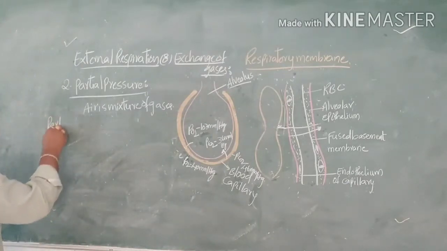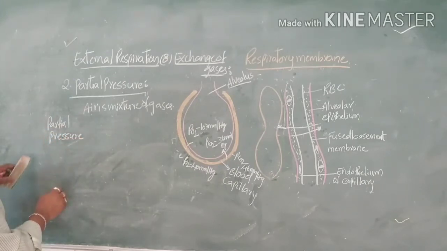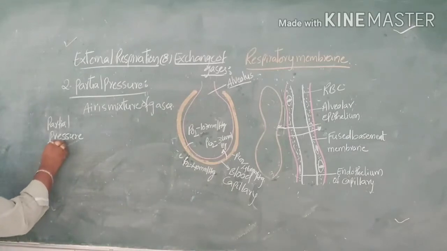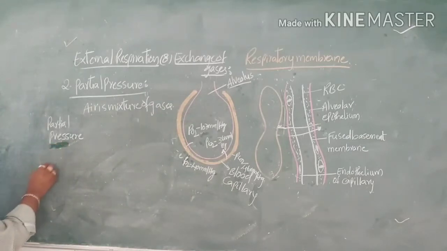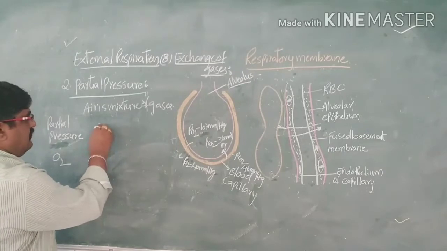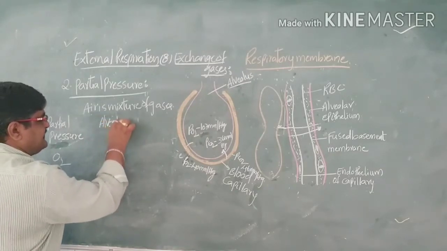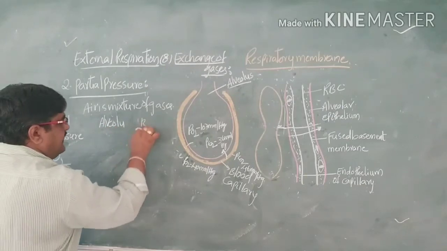Here are the partial pressures of O2 as well as CO2, in the alveolus and blood capillaries.